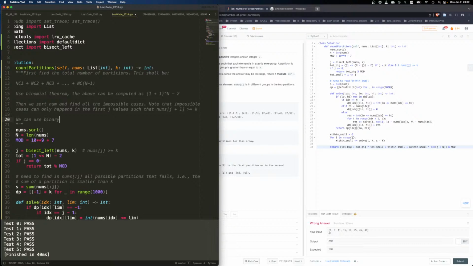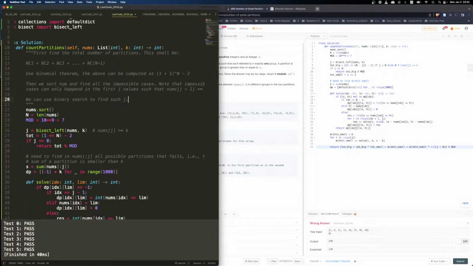We can use binary search to find such j.